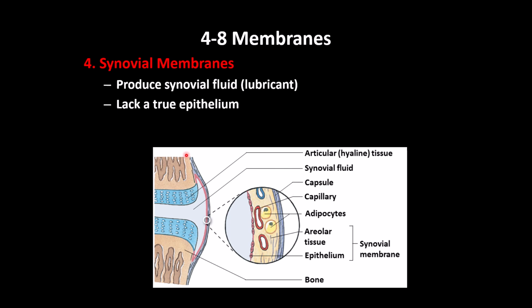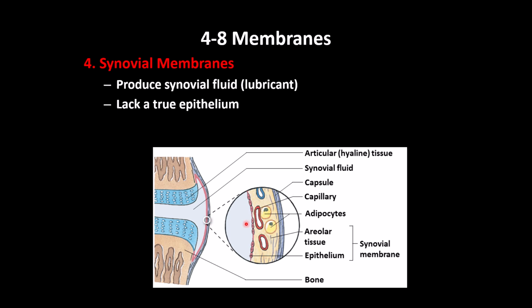Synovial membrane is the fourth one. This is located in the joints, the mobile joints. This is one bone. If you look at it here, the end of each bone is wrapped by a cartilage, hyaline cartilage here. And there's a cavity in between that contains a fluid, and this is the synovial fluid, very slippery. And the synovial fluid is coming from this area.